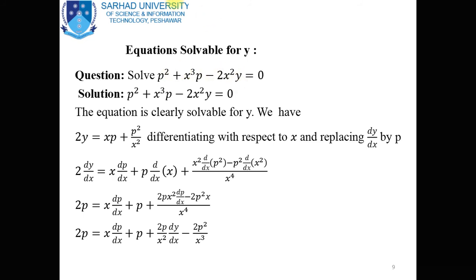Like in algebra, when an equation involves two variables, suppose x and y, sometimes we solve the equation for x and sometimes we solve the equation for y. So when the equation is easily solved for p, we can solve it for p, and sometimes the equation will be easily solved for y, sometimes it is easily solvable for x.